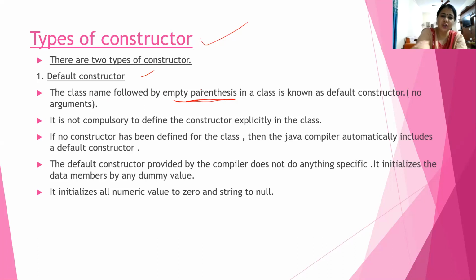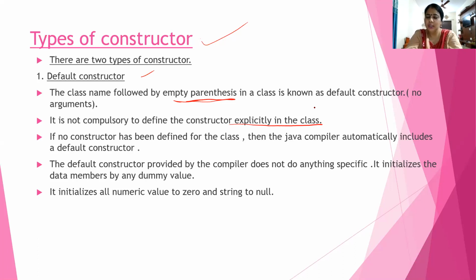Okay, it is not compulsory to define the constructor explicitly in the class. That means for the default constructor, if you are missing any constructor in your program, then also it is okay. It is advised to write and include a constructor in your program. But if by mistake you do not include your constructor, then also it is okay.